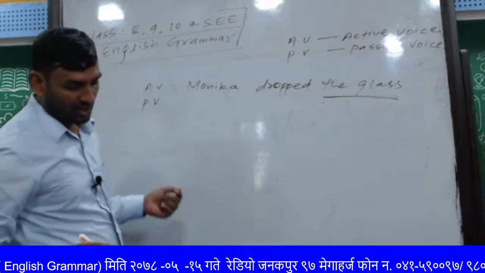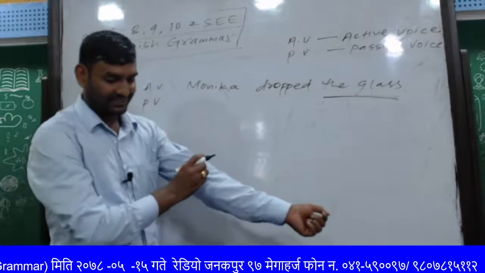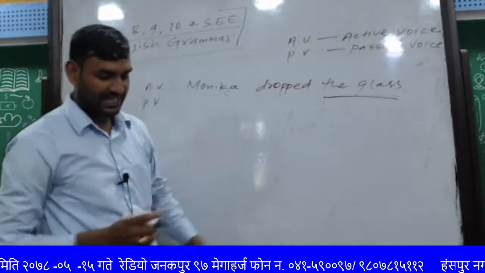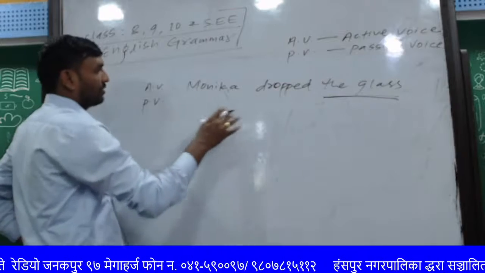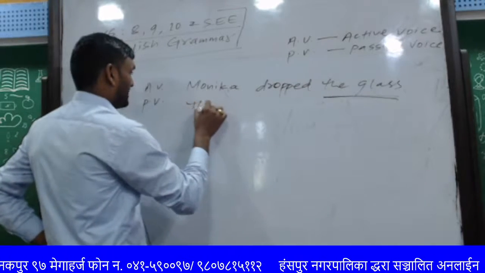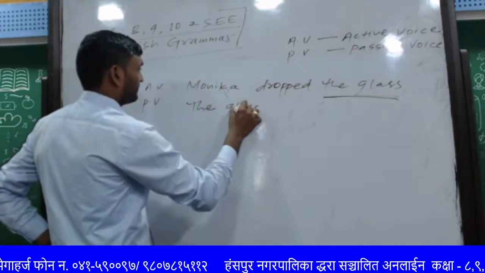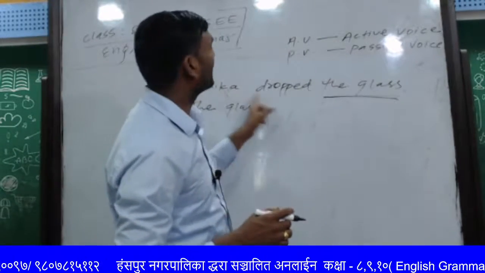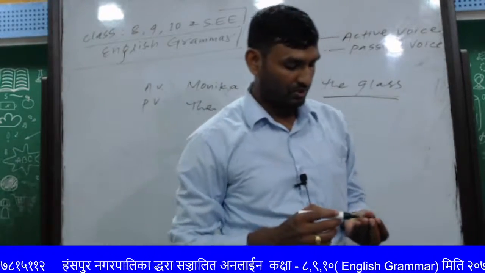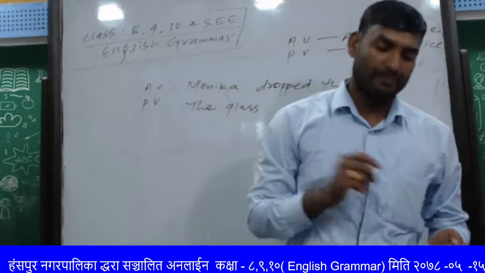The object in the active sentence is changed into the subject in the passive sentence. So in the passive voice, the glass is the object here. Then dropped, Monica dropped, is V2, so this is simple past tense.